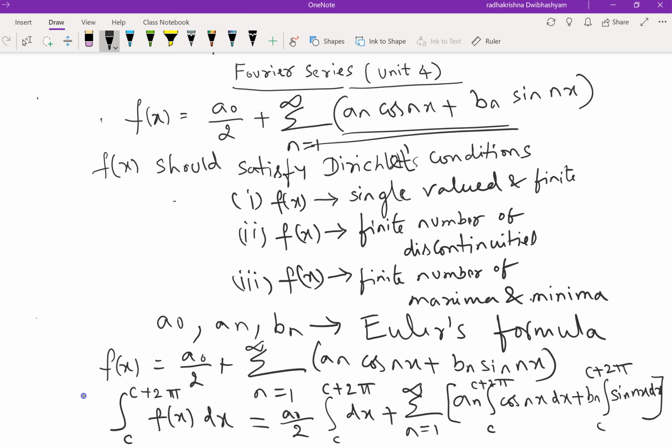That means we are integrating this Fourier series on both sides with respect to x under the limits c to c plus 2 pi.